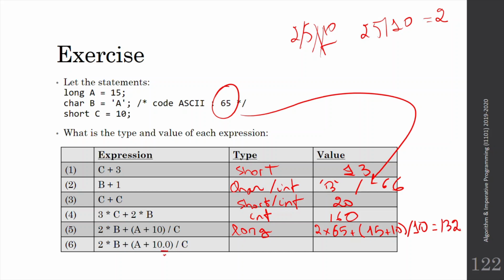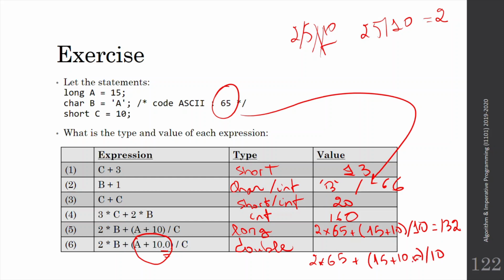So the difference here is one of the operands is of type double, because it's a real number. So we have the calculation with a of type long, and we have a number of type double, so a automatically will be converted to type double, and thus all the calculation will be in double. So we have here 2 multiple 65 plus 15 plus 10.0 over 10.